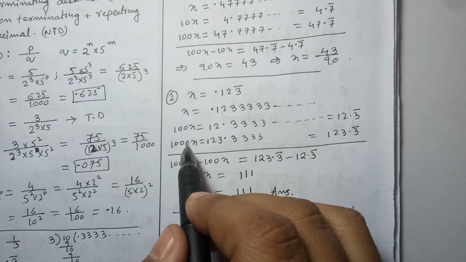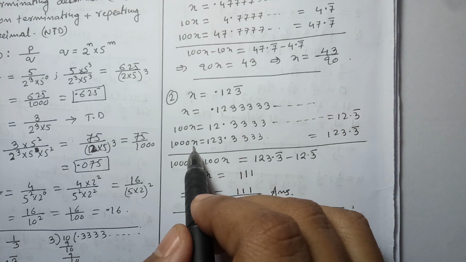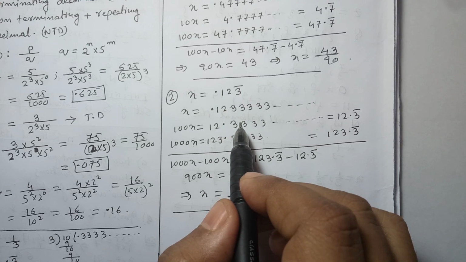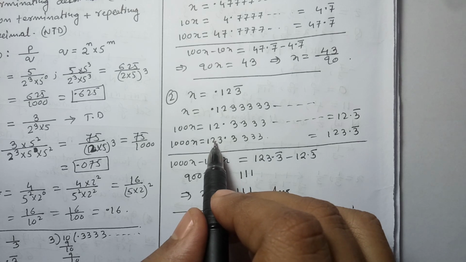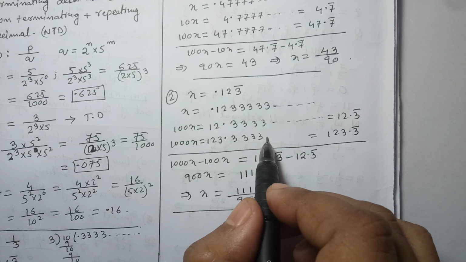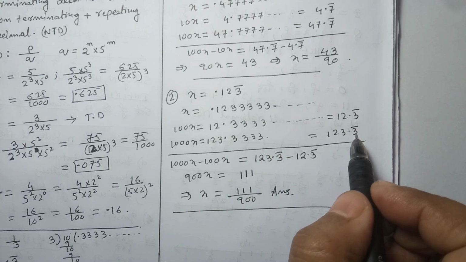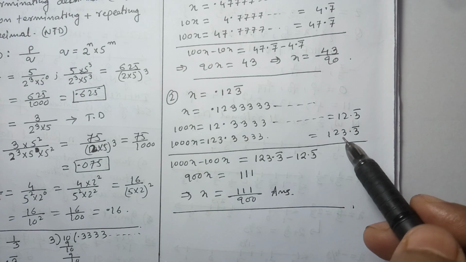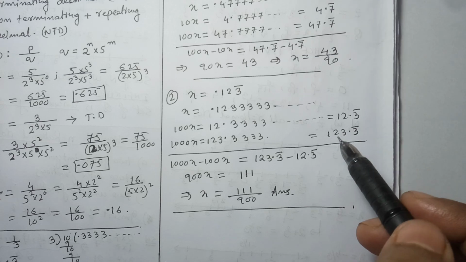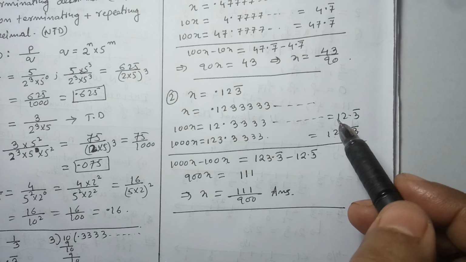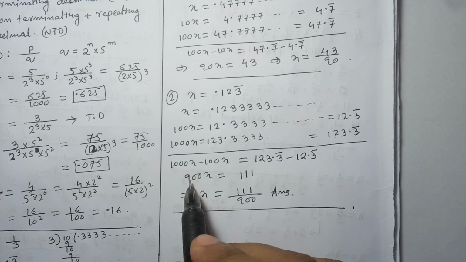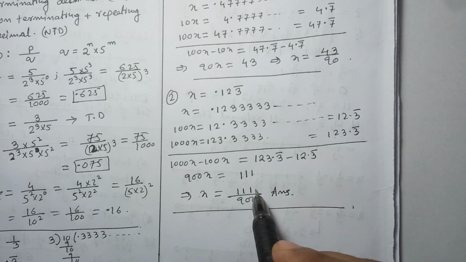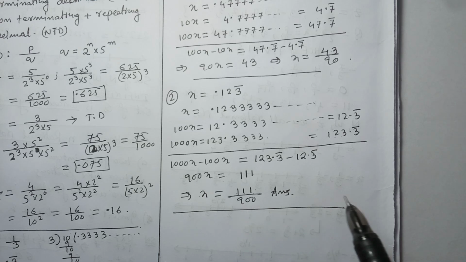So 100 into 10 is 1000x, and multiplying by 10, the point gets shifted one place to the right hand side. So it is 123.3 bar. Now 1000x minus 100x is equal to this minus this, 123.3 bar minus 12.3 bar. So 900x is equal to 111, x equal to 111 divided by 900.